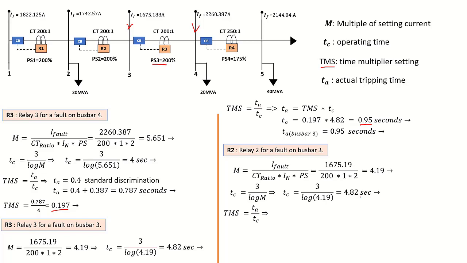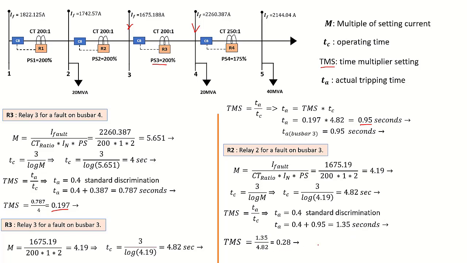Now we move on to calculate TMS. We also have to add a 0.4 standard discrimination. This is to prevent this relay from tripping before the other relay. We do that, and we get a TA of 1.35 seconds. From there we can calculate our TMS. TMS is then equal to 0.28.